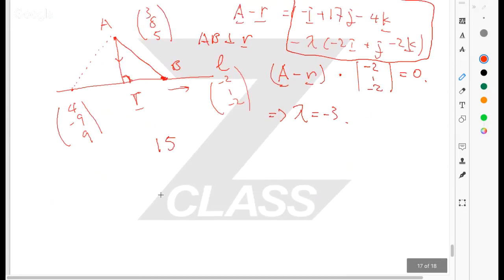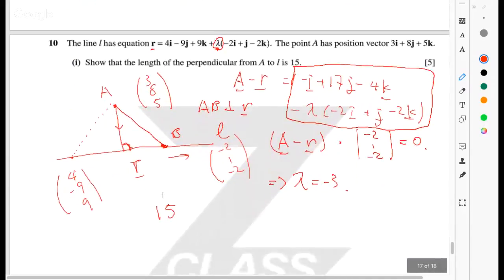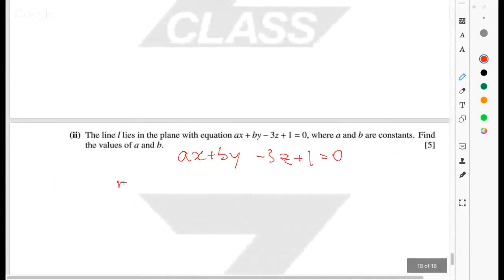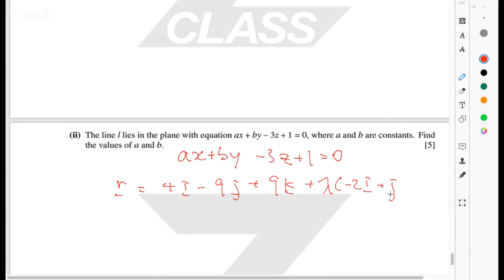And what do we know about the line? We know its equation, that R is equal to 4i minus 9j plus 9k plus lambda times (minus 2i plus j minus 2k). Well, if we already know the equation of the line, how about we try to plug in a few points.